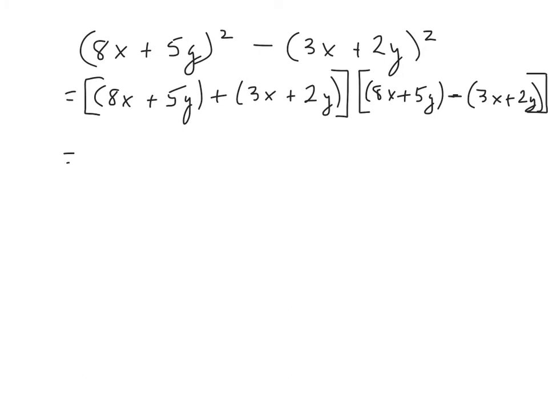So now I'm going to simplify. Inside this big bunch of brackets, I've got an 8x plus a 3x, so that's going to make 11x. I have 5y plus 2y, so that makes 7y.